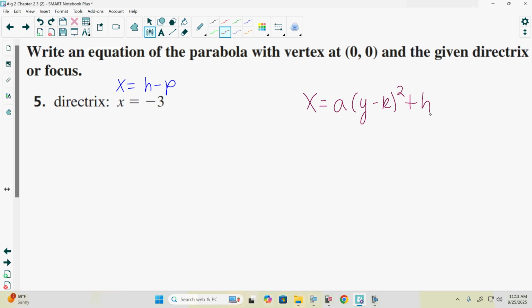Did it tell us what the vertex was? It did, but not as part of that. What it told us up in the instructions, write an equation of the parabola with the vertex at 0, 0. So for us here, it means h is 0, k is 0.